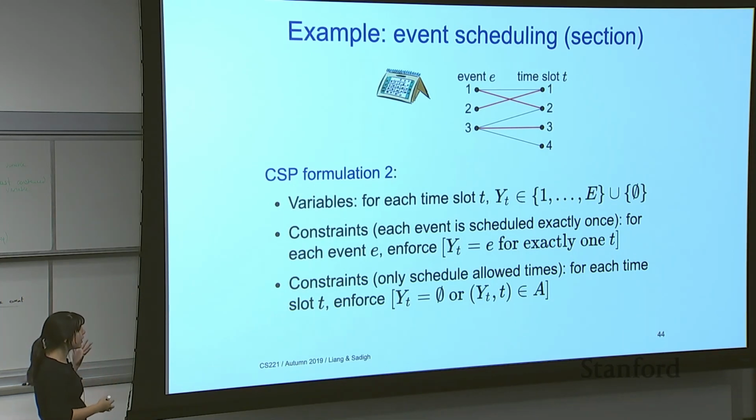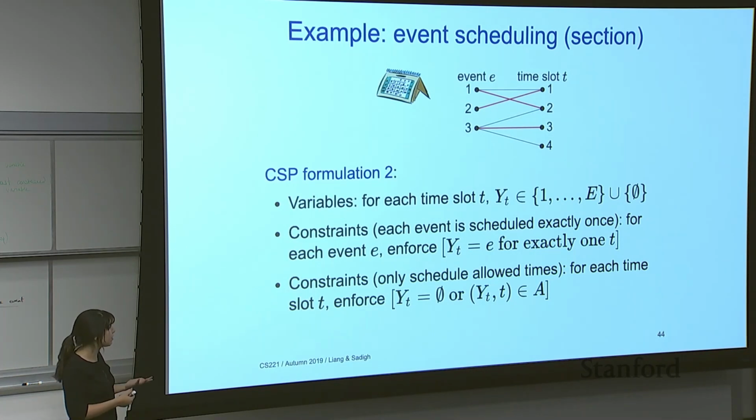But if you have it the other way around, which is again less natural, but maybe you're okay with not assigning all events a time slot, then you can use this second formulation. The point is you might have different ways of formulating a problem. You should use the one that is the most beneficial depending on how many constraints you have.